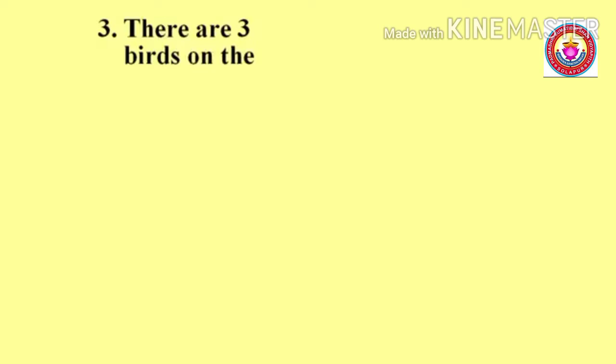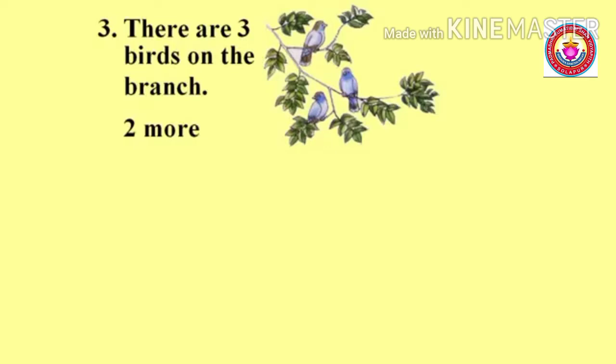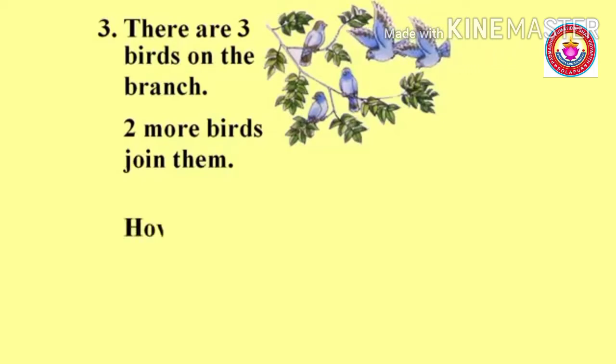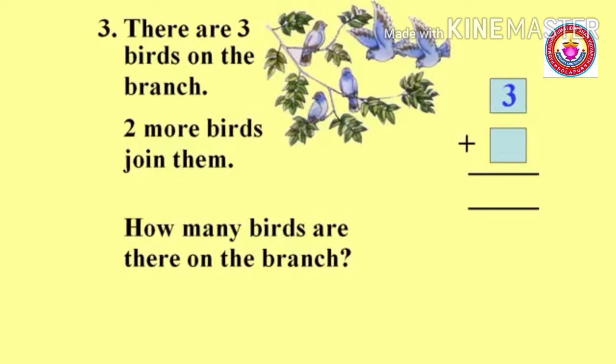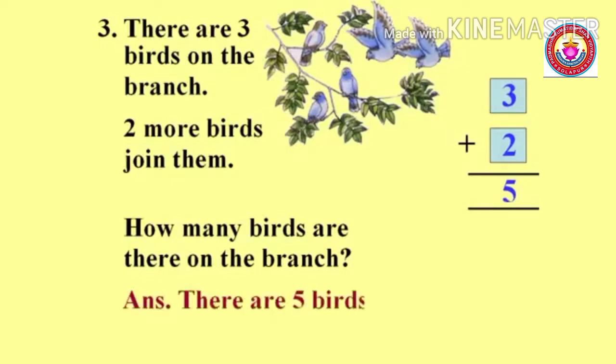There are 3 birds on the branch. Two more birds join them. How many birds are there on the branch? Now we'll write the number. 3 plus 2 is equal to 5. Answer: there are 5 birds on the branch.